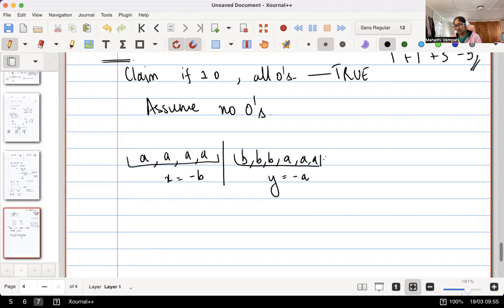I claim that it has to be like this. Or can it be like A, A, B, B, B?